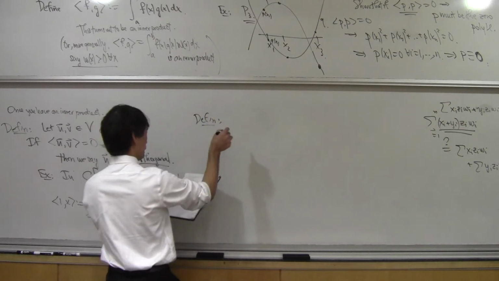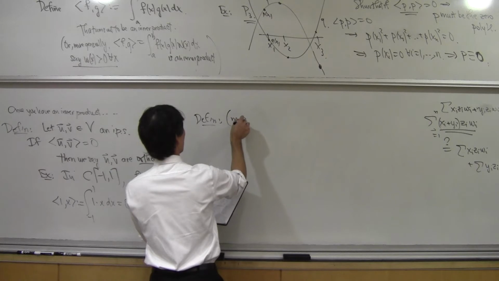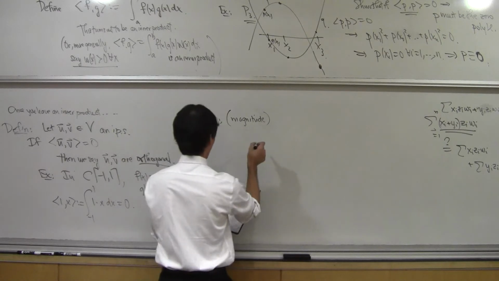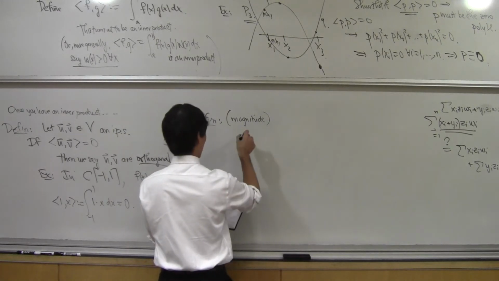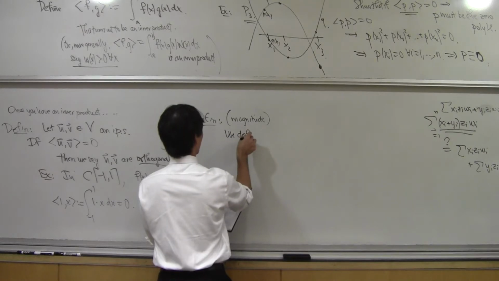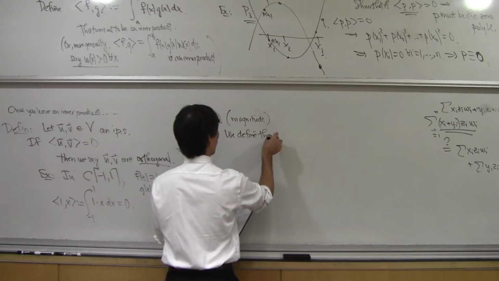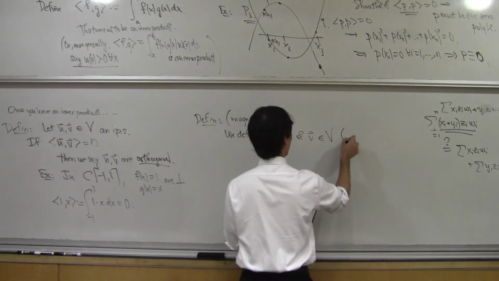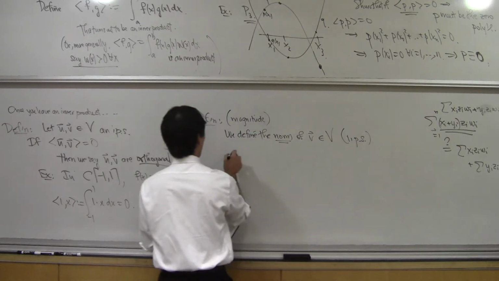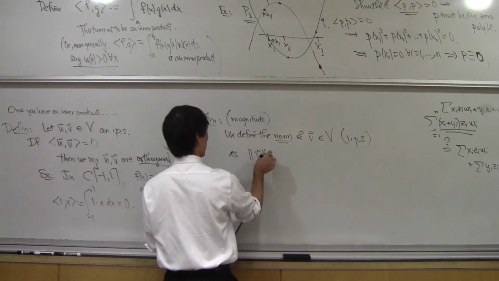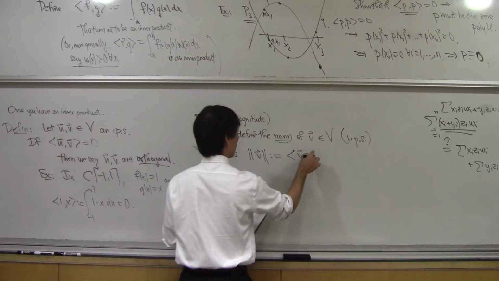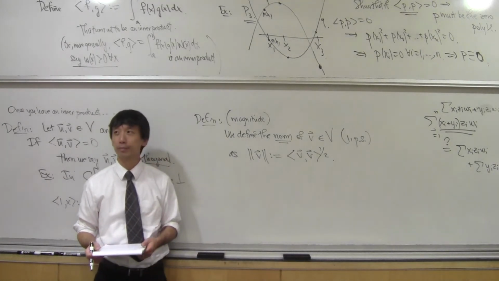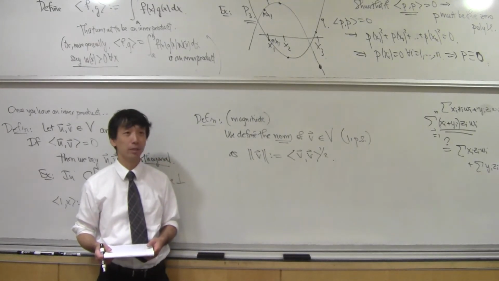Second definition. This is basically like the idea of magnitude. We define the norm of V as the square root of the inner product of the vector against itself, just like we do in Rn.